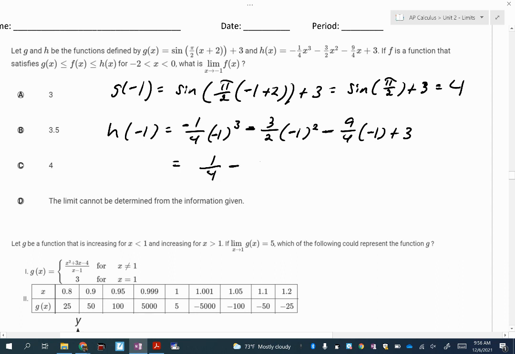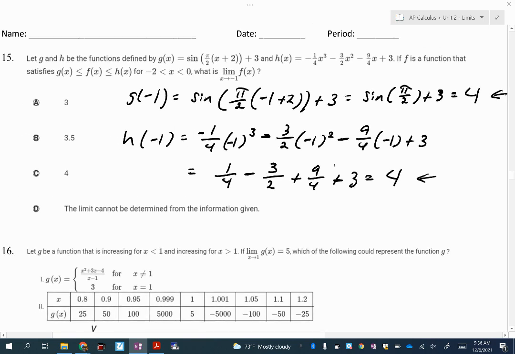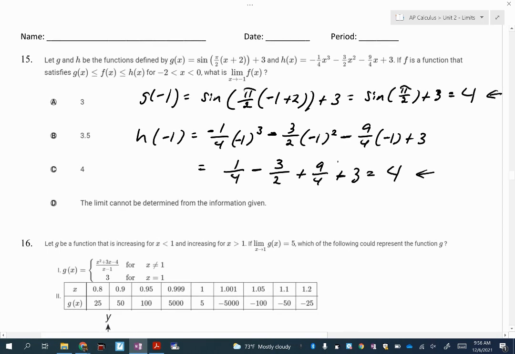A positive times a negative is -3/2, plus 9/4, plus 3. All right, so 1/4 minus 3/2 is -5/4. -5/4 plus 9/4 is 4/4, which is the same as 1. 1 plus 3 is 4. So because they're the same, I know that the limit as x approaches -1 of the function that's being squeezed by these two is also the same thing, which is 4.